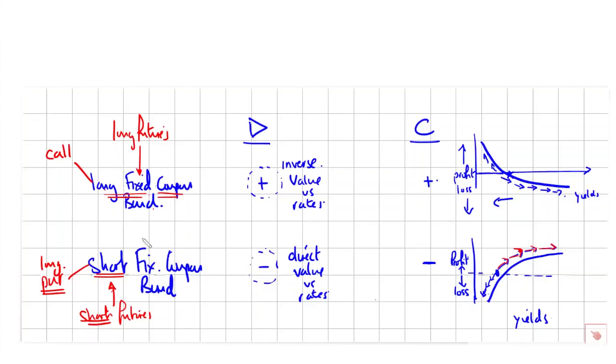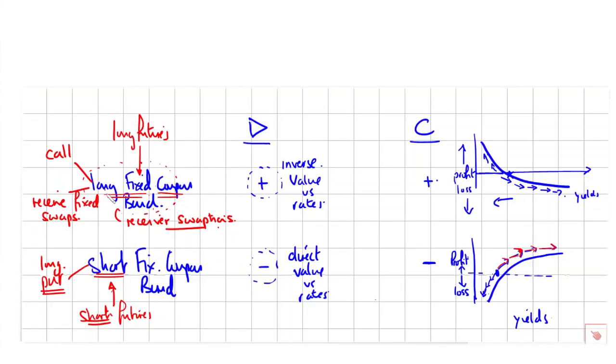Now, where are we receiving fixed here? It's up here, isn't it? It's this position that is receiving fixed. In fact, we can put receive fixed swaps up here. They're going to have positive duration and positive convexity, plus receiver swaptions. They are going to have positive duration and positive convexity.